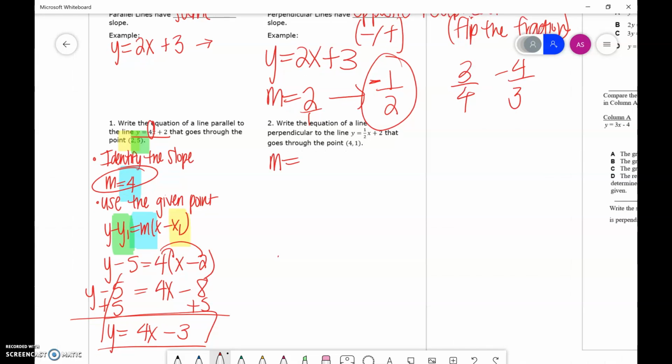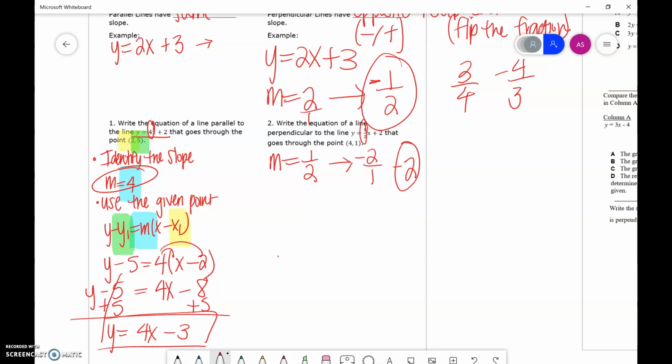So I'm still going to identify my original slope, which is 1/2. From there, we're going to make it the opposite reciprocal. So we're going to have 2/1, which has to be negative because it started off as positive. And then we do not need that 1, so our new slope is going to be -2.